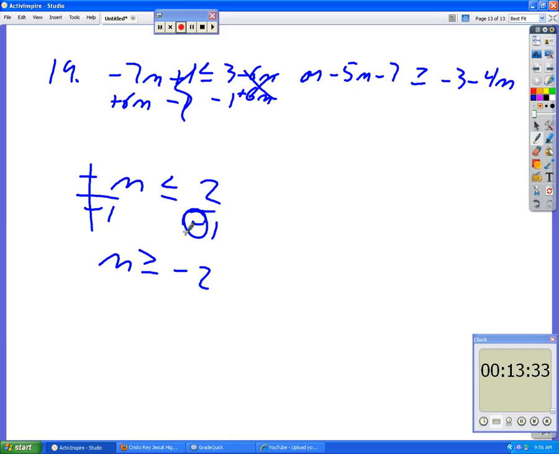The other side. Again, I'm going to move the n on this side to the left, so it's plus 4n. They cancel. To get rid of the 7, that's plus 7. They cancel. -5 plus 4 is -1n, equal to or greater than 4.